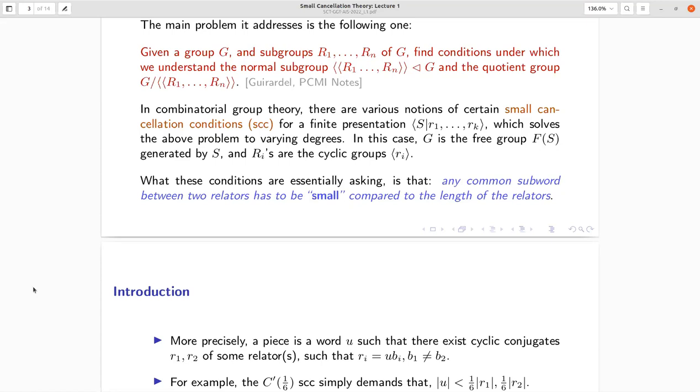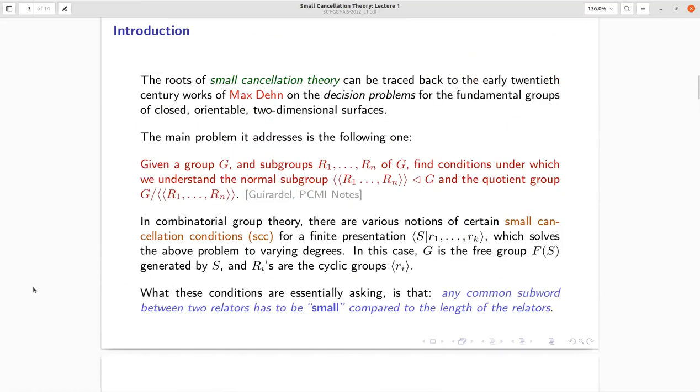The study of this question and its consequences is essentially small cancellation theory. Why cancellation? Because when two such boundaries overlap, there is a cancellation involved. We will see the right definitions in a moment.